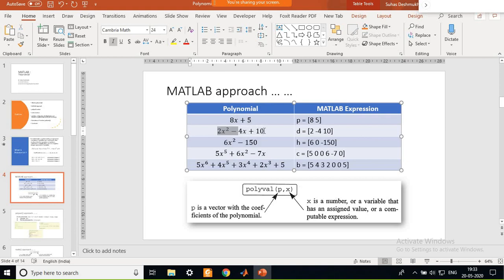Then if you look at the second order polynomial, the coefficient is 2, so it is written 2, then minus 4, written as minus 4, and 10 as a constant, written as 10.